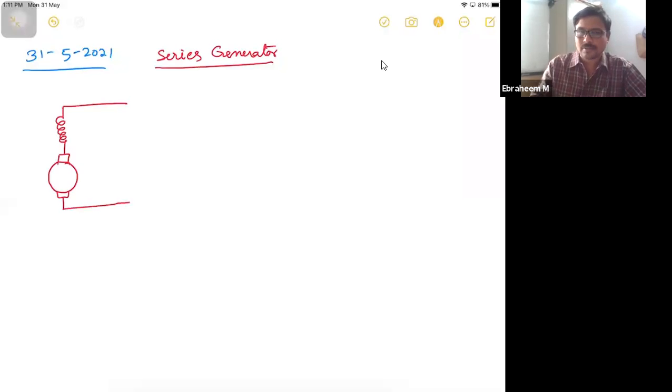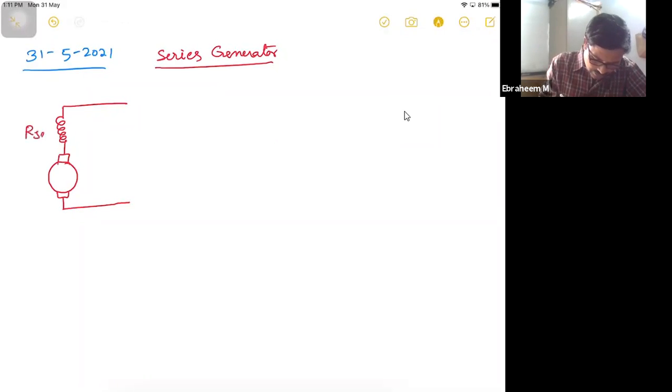That is the main criterion here for the classification of generators and motors: how the field and armature are connected. So this is a series field.